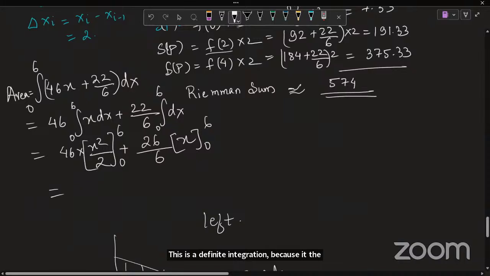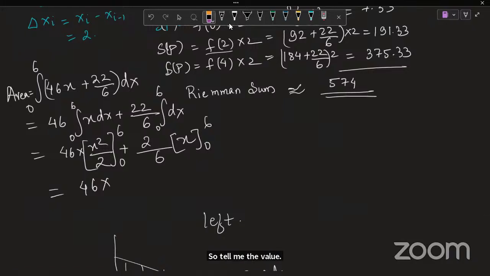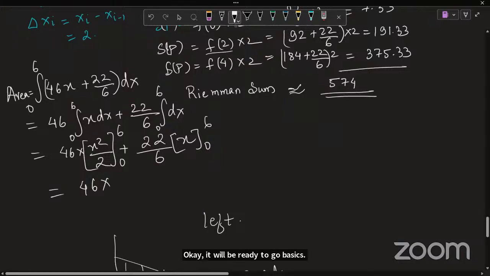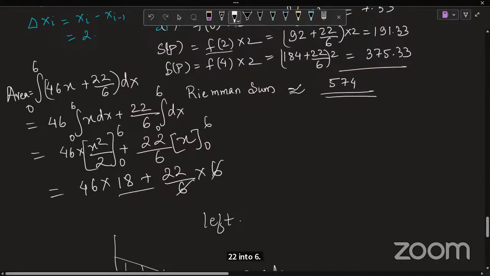So tell me the value. It will be 22 by 6. So it will be 36 by 2, which means 18, plus 22 into 6 by 6, and the 6 will cancel out.